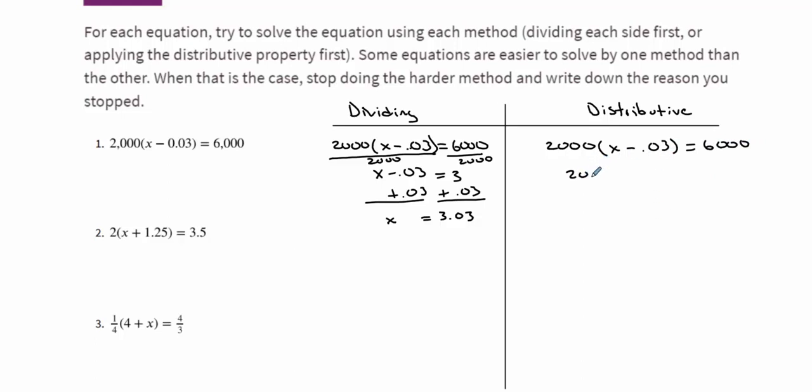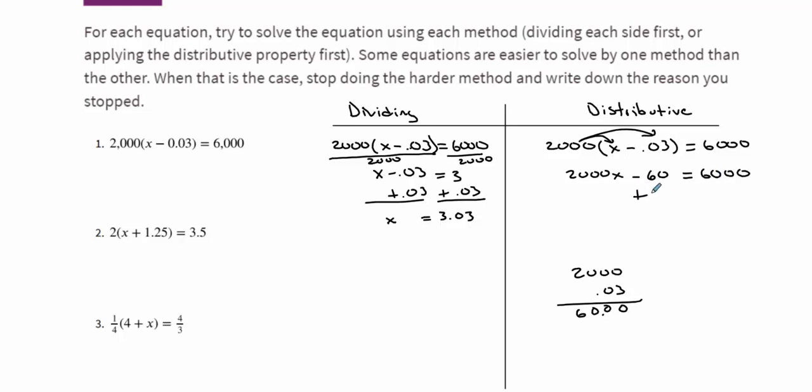So 2,000 times x is 2,000x minus 2,000 times 0.03, I get 60. Minus 60 is equal to 6,000. I can already see this one is taking a lot longer.